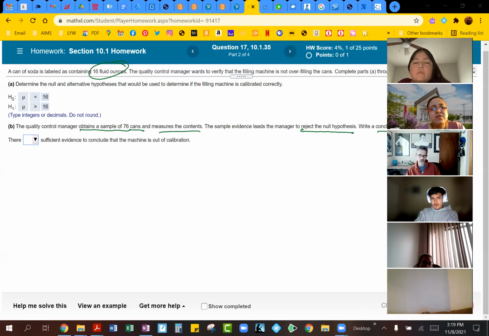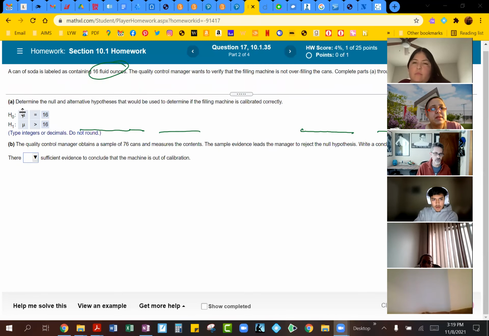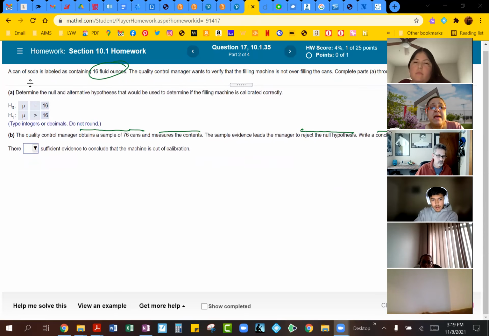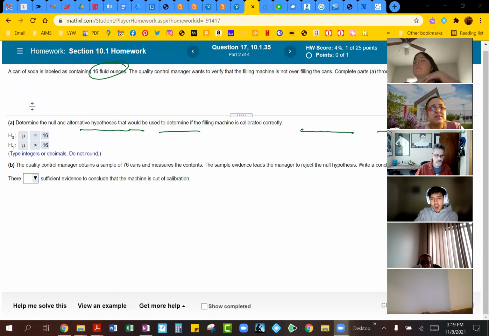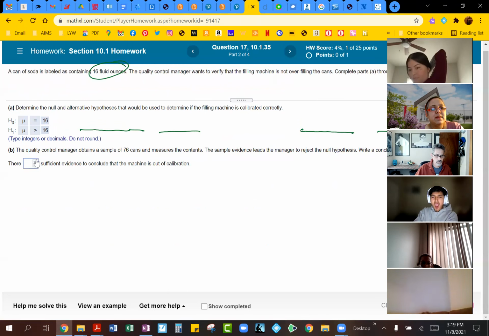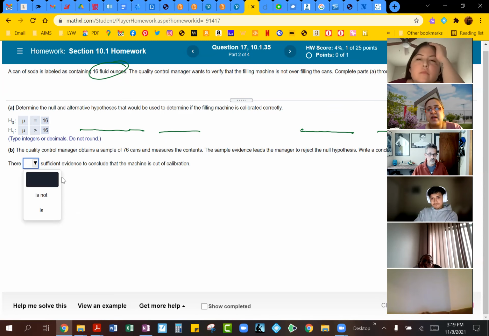Your options here are: there is not sufficient evidence or there is sufficient evidence to conclude that the machine is out of calibration. So we know he's getting a sample of 76 cans, right?